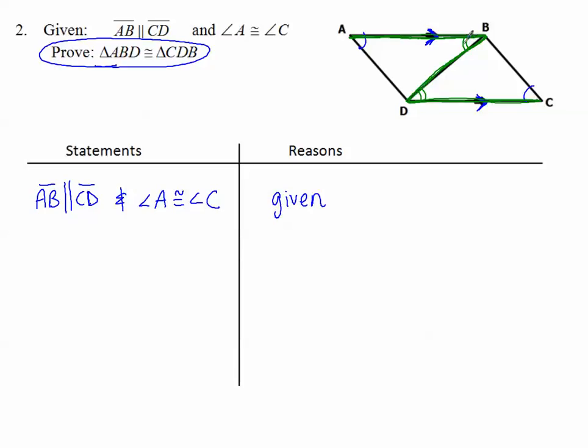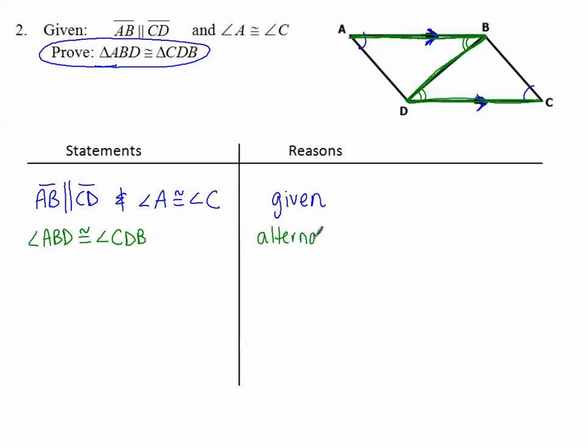Well, how do we name that angle that we just marked? A, B, D. We have to use the 3-letter name because angle B could be a variety of angles because B is the vertex of different ones. So let's use the 3-letter name. Angle ABD is congruent to angle CDB.